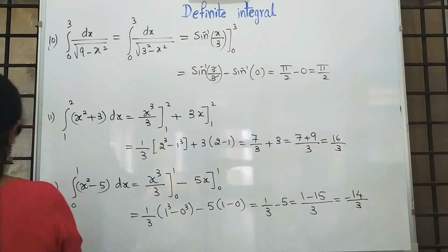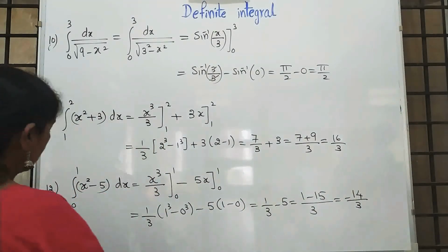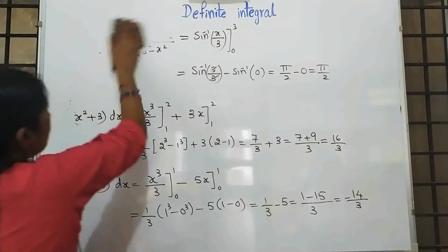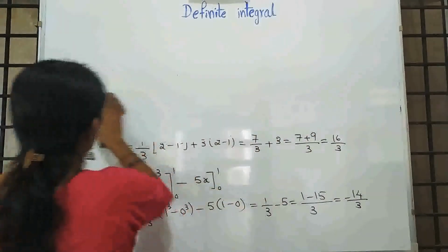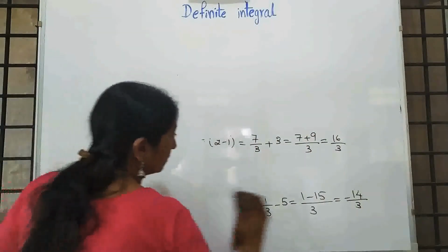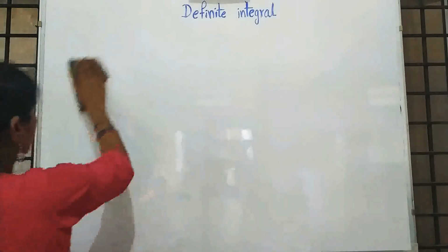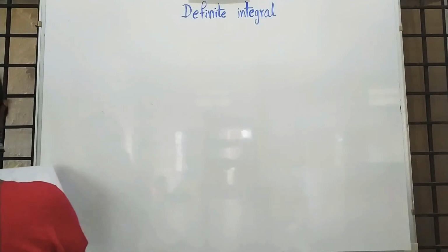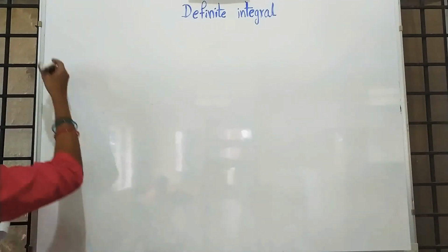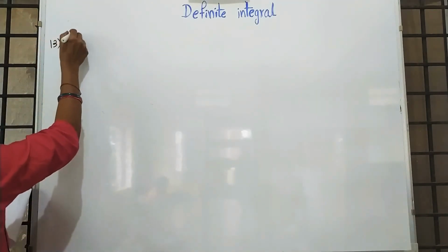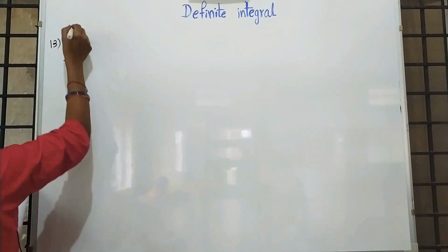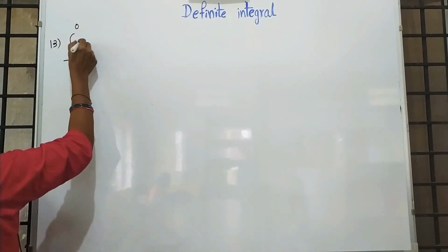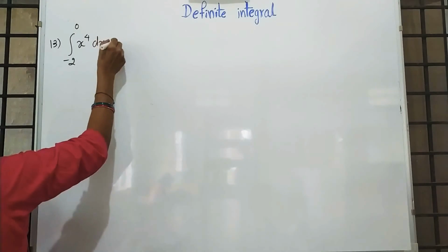Moving to the next question, that is question number 13. Integration from -2 to 0 x raised to 4 into dx.